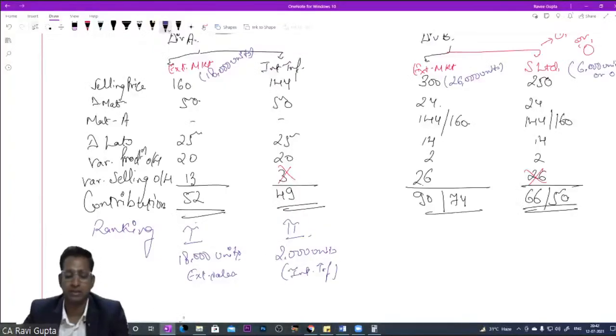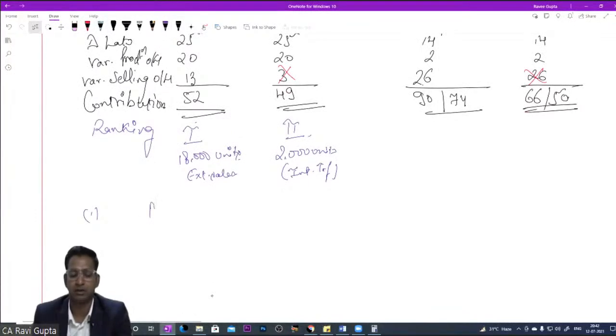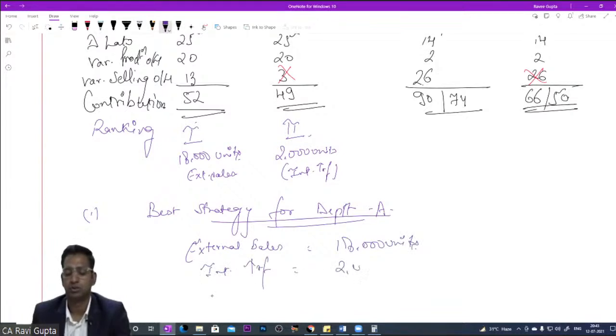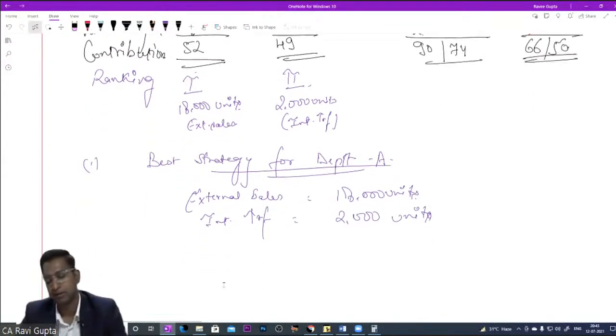So for the best strategy for department A: external sales 18,000 units, internal transfer 2,000 units.